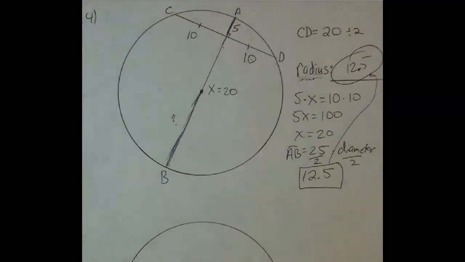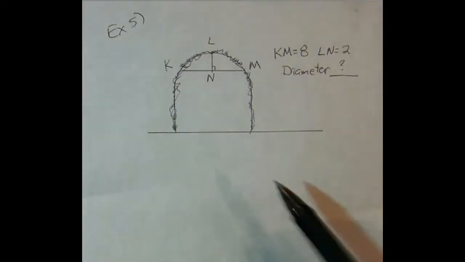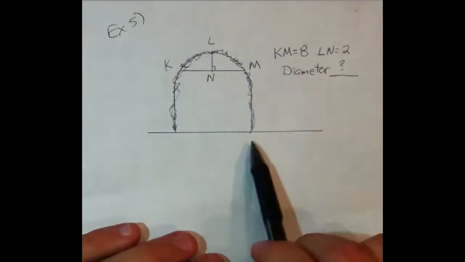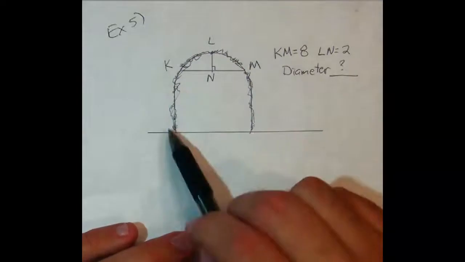All right, let's go on to example number 5. Example number 5 is a problem about students going to a prom, and they're going to get their picture made under a floral archway.